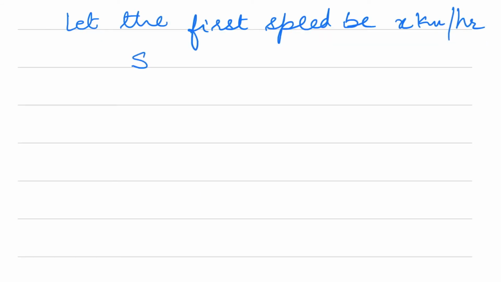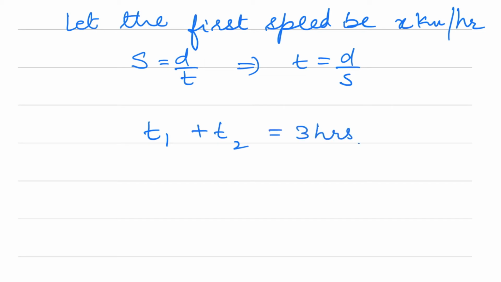Speed is equal to distance by time and we are given the total time. So we will find out time here. So we are given that time taken by the first journey and time taken by the second journey is equal to 3 hours.